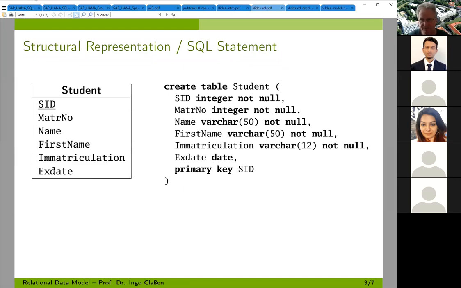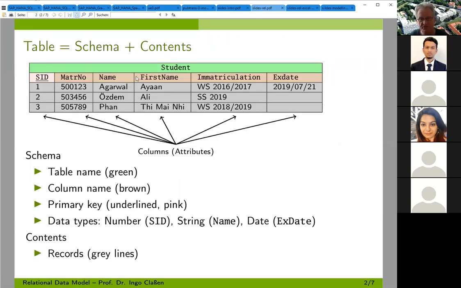The reason behind that is the tabular representation is nice if you have few tables to look at and few data records. But if you have thousands of records, of course, it wouldn't be possible to represent it that way.